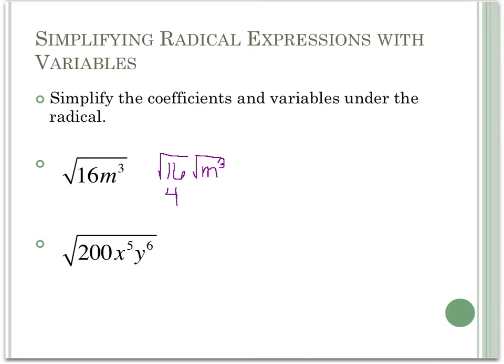But what is that square root of m cubed? Well, m cubed doesn't go in perfectly, but I could rewrite that as the square root of m squared times the square root of m. So simplifying this, the square root of m squared is just m. So I'm left with 4m, the square root of m.